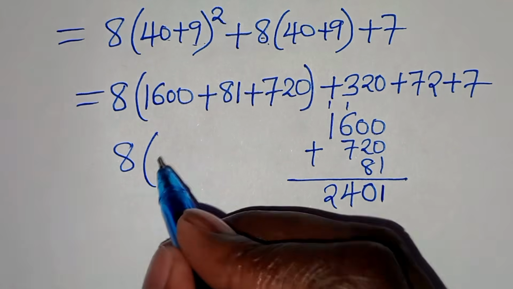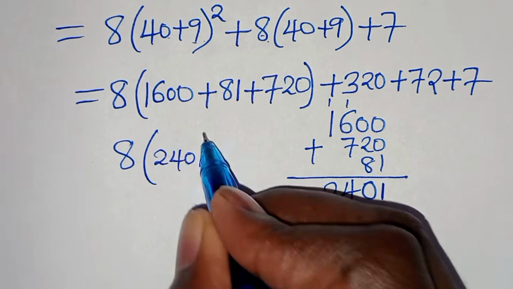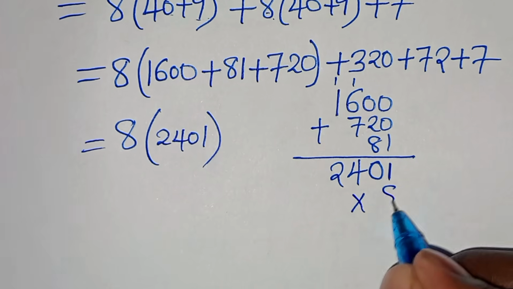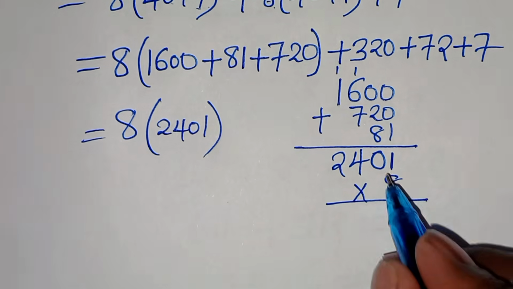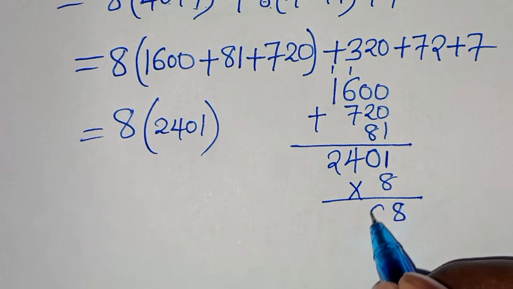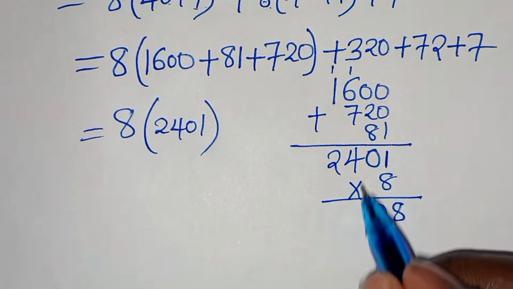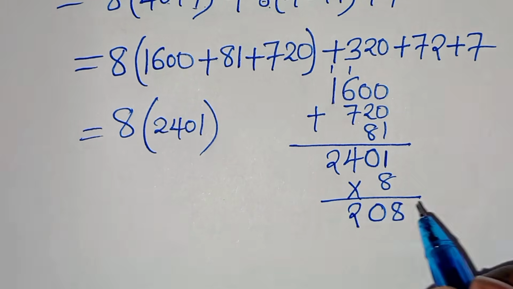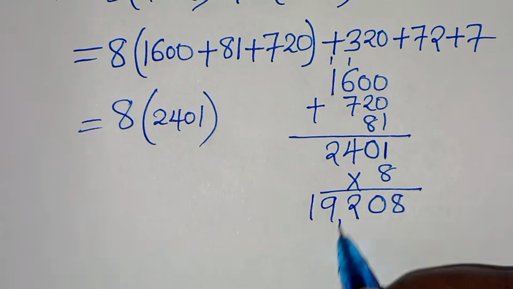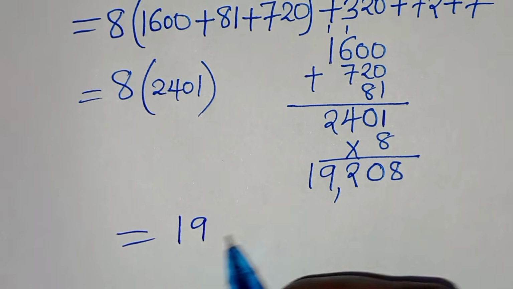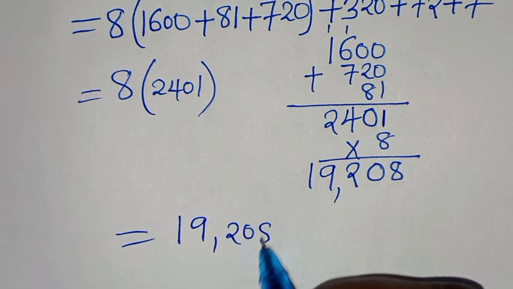Then times 8, so we have 2401 here, times 8, so we have to multiply by 8 here. So this is 1 times 8, this is 8. 0 times 8, this is 0. 8 times 4, this is 32. 2 carry 3. 8 times 2, this is 16 plus 3, this is 19. So we have 19,208.